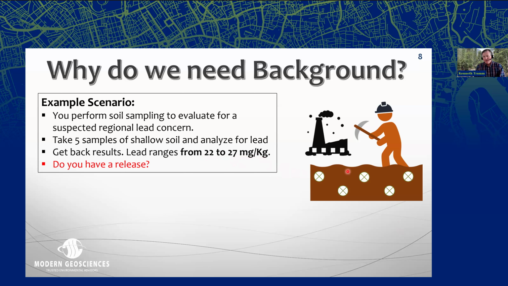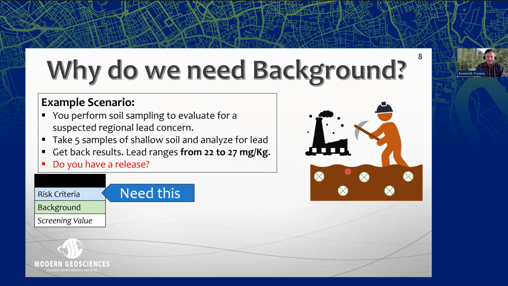All right, so let's look at what we would look at to know that. Now, you know some of that because we just talked about it, right? So I need to have some risk criteria. If I have none from my state, I can go pull the regional screening levels from the EPA. If my state has criteria, I could pull it from them. And the lowest of those risk criteria drives my risk unless there's a background value.